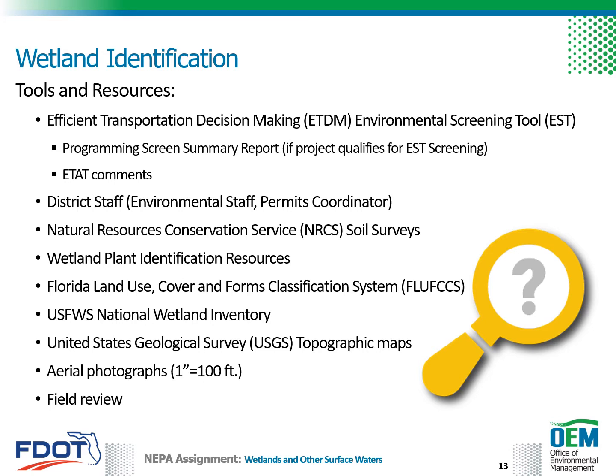All data sources must be documented in the Natural Resources Evaluation. Include any pertinent maps identifying the wetlands in the project area. A field review should also be conducted to verify the data collected during the desktop analysis.